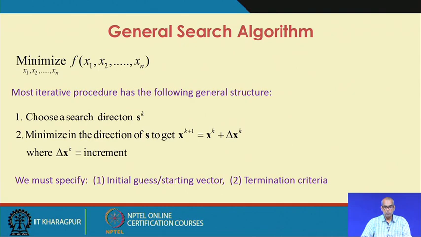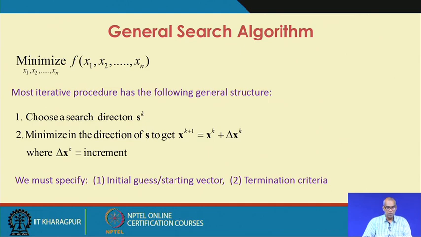So, if we have to minimize a multivariable function, the iterative procedure will follow a general sequence. First, you will choose a search direction and then you will minimize in the chosen search direction to get a new point.